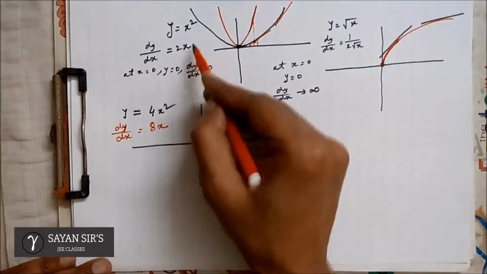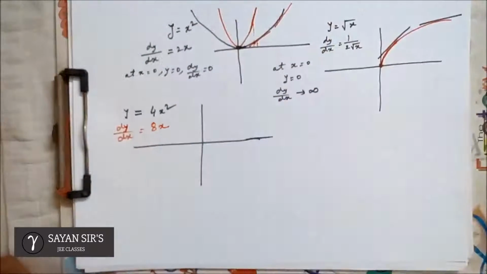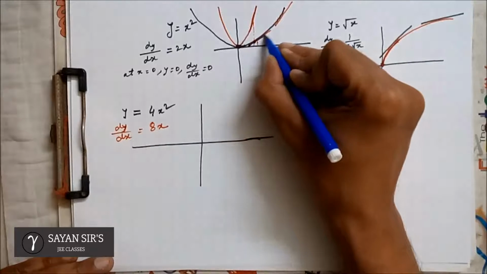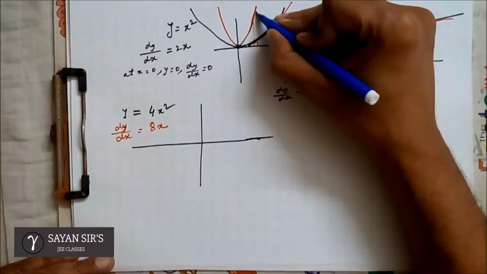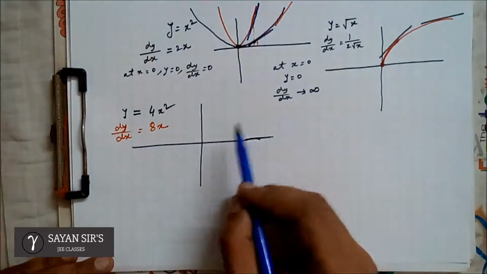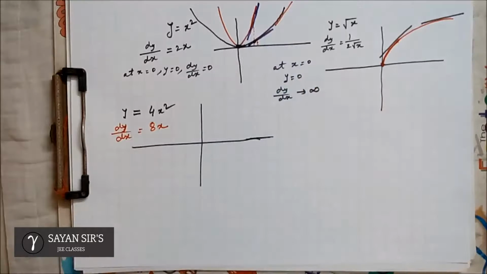So my slope also becomes 4 times what the slope was before. So my slope at this x, if it was this, now it has increased 4 times. So not only does my y become 4 times, my slope also becomes 4 times.